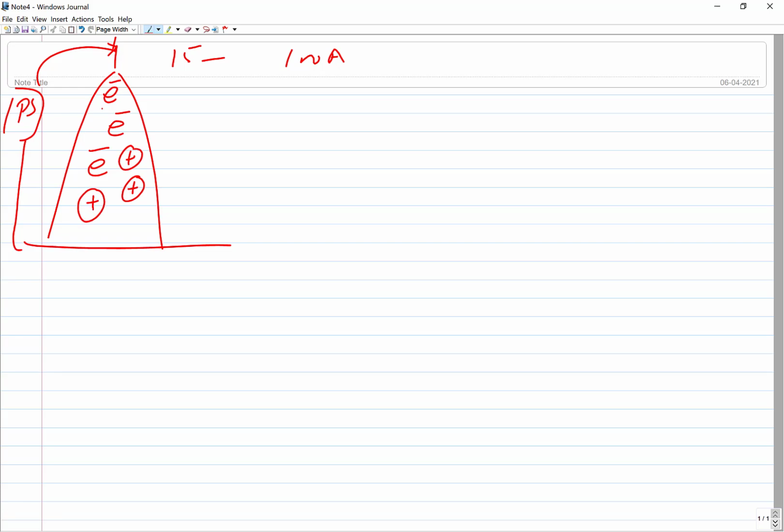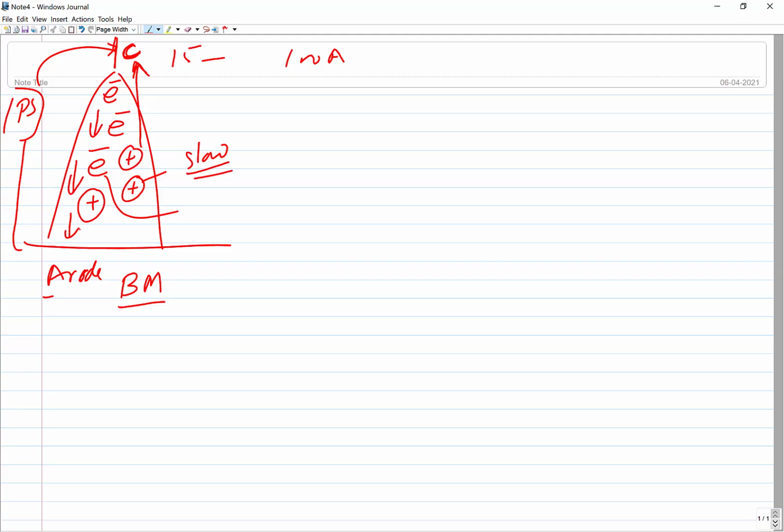The negatively charged particles will be moving towards the anode, which is your workpiece or the base metal, and the positively charged ions, being heavier and large in size, move slowly towards the cathode, because this is connected to the negative terminal. So the slow moving ion current and fast moving electron current.